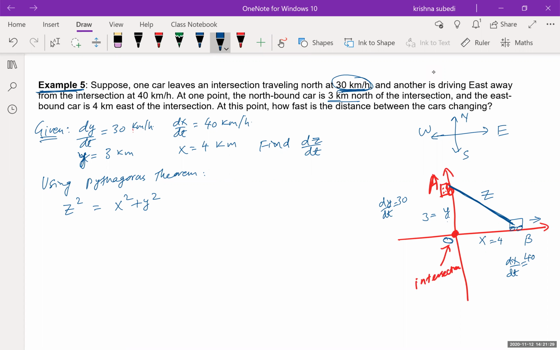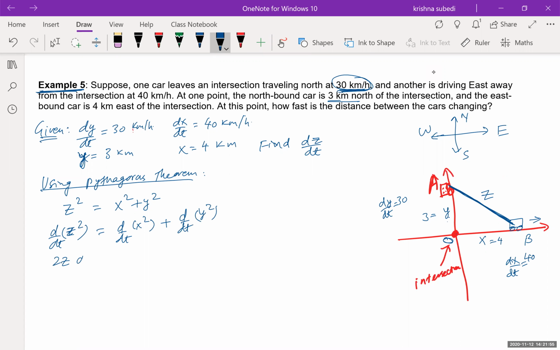So we got the formula, and now we differentiate both sides with respect to t. So d over dt of z squared equals d over dt of x squared plus d over dt of y squared.